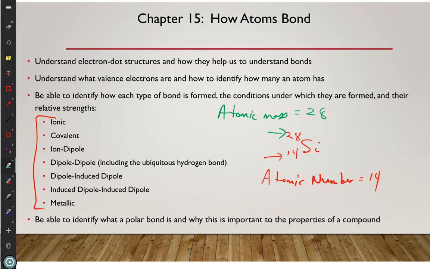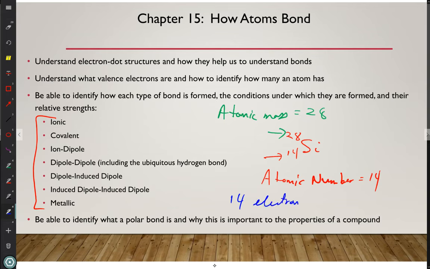If I take the difference in those two, protons plus neutrons minus protons will tell me how many neutrons. And if it's neutral, it'll have the same number of electrons as it has protons. So silicon has 14 electrons, but how many of those are valence electrons? Correct. So 14 electrons, 4 of them valence.